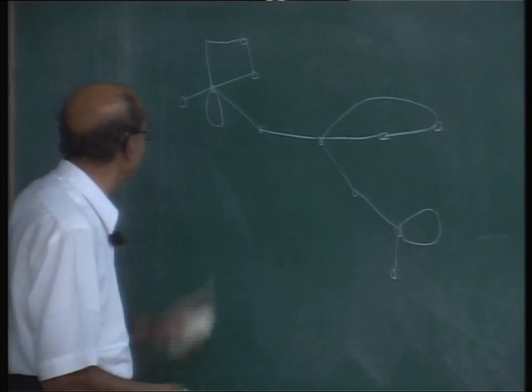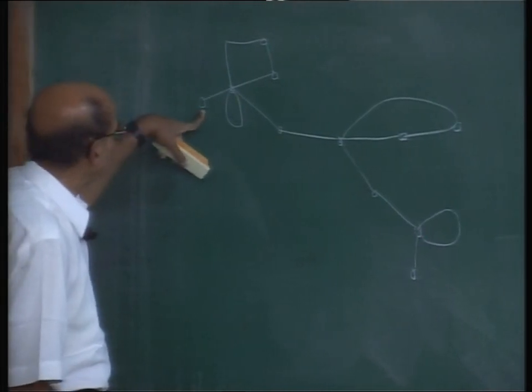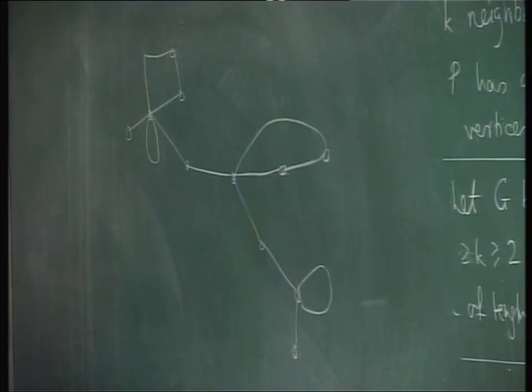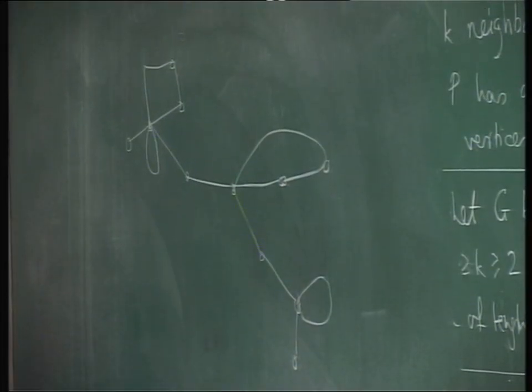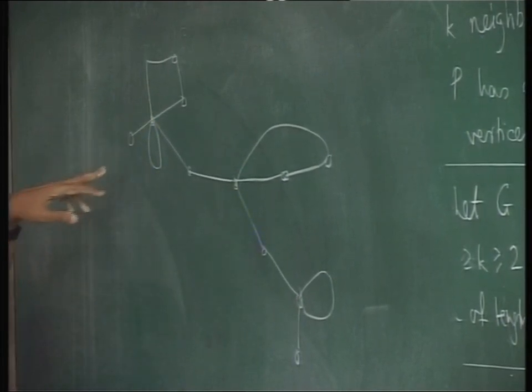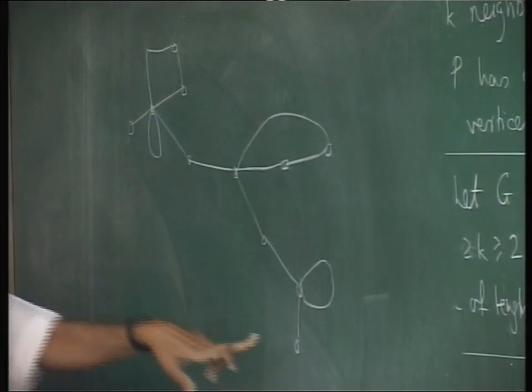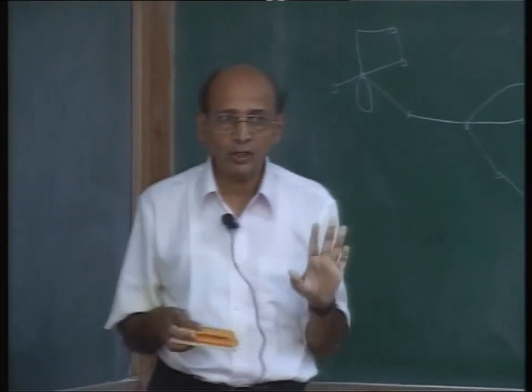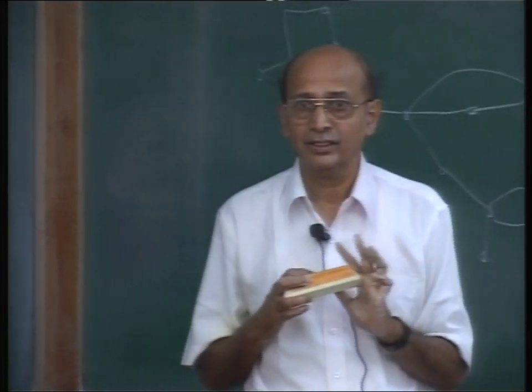Something like this: all the other vertices are even, this vertex is odd, that vertex is odd. Can we have a trail that covers all the edges, an Eulerian trail, which begins at this odd vertex and ends at that odd vertex? Sorry? The number of odd vertices is always even. Yeah.